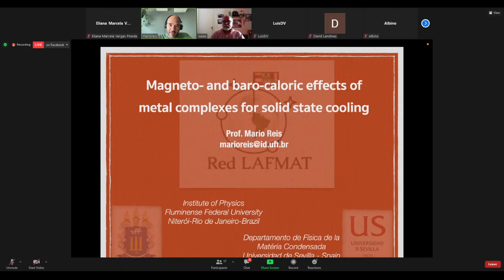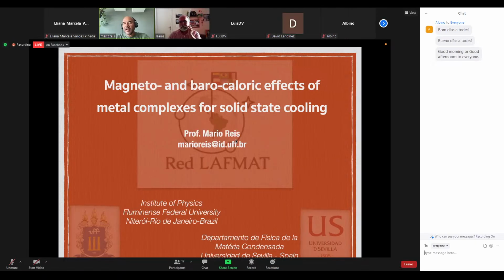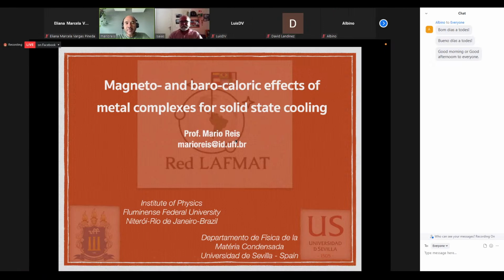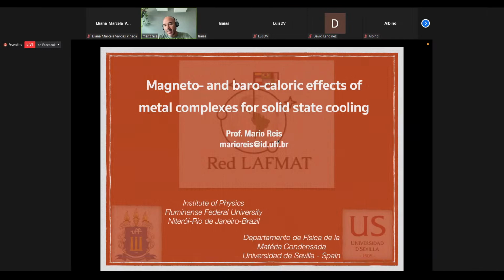The caloric effects. The magnetocaloric effect is a topic that has been studied by the magnetism community for several decades. The barocaloric effect is not a new effect, but for the community studying magnetics, it's a new topic that has been added to this field.